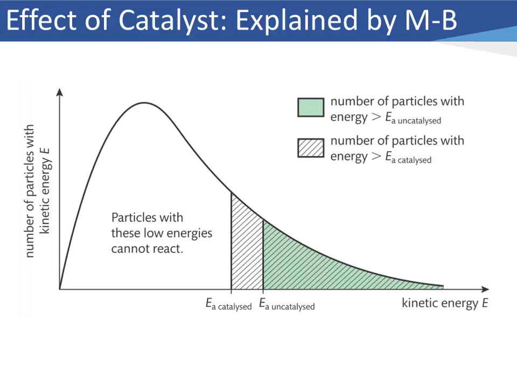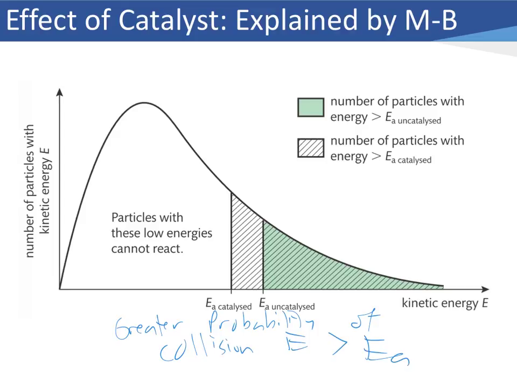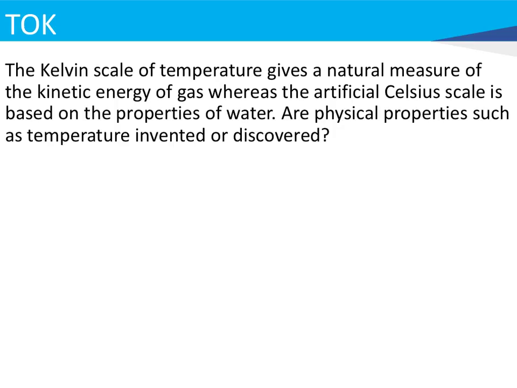So a catalyst increases the probability of a collision having an energy greater than the activation energy. And if I can increase the probability of a collision having energy greater than the activation energy, I will increase the rate. And there you go. That's your introduction to collision theory and rates of reaction.